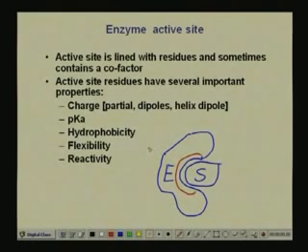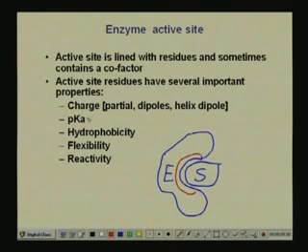So, that is going to have specific groups. Okay. The specific groups will interact with whatever residues line the active site. So, we have charge, we have pKa. Now, if you remember when we studied amino acid properties, I mentioned that the pKa and the hydrophobicity are very important properties.